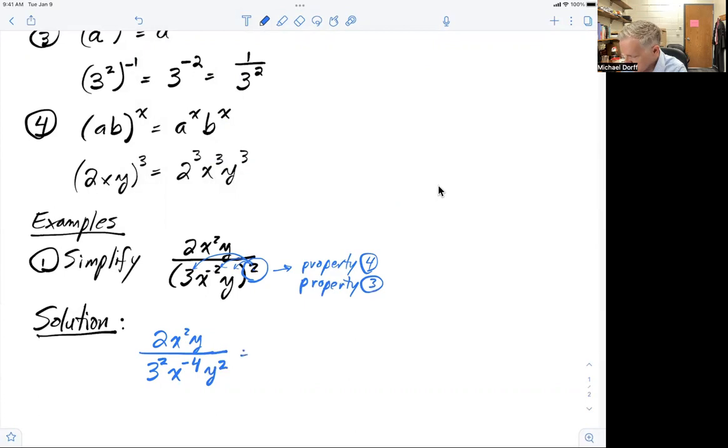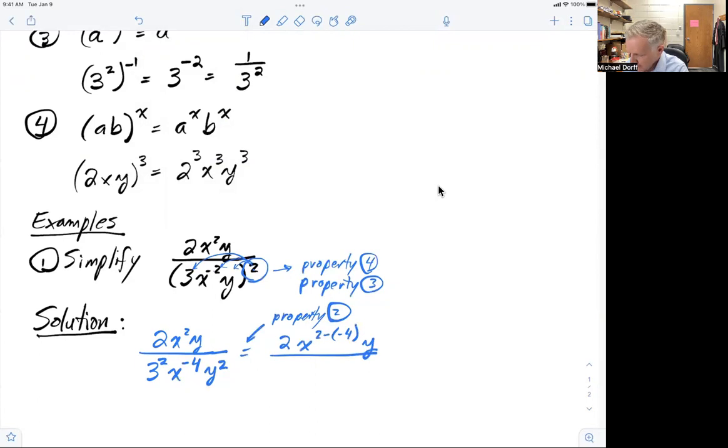Now I'm going to use property number 2 here, and I'm going to get 2, and now I have an x squared on the numerator, and on the bottom I have an x to the negative 4th, so I'm going to have 2 minus a negative 4, and then I have y.